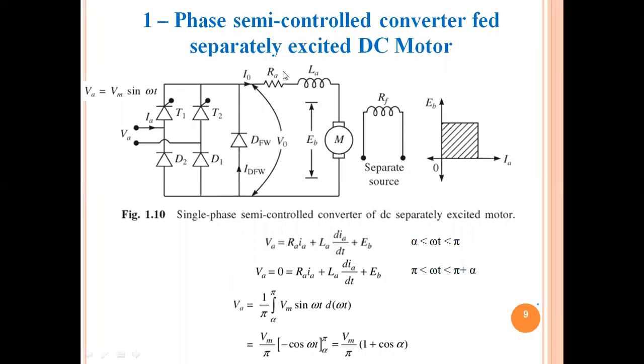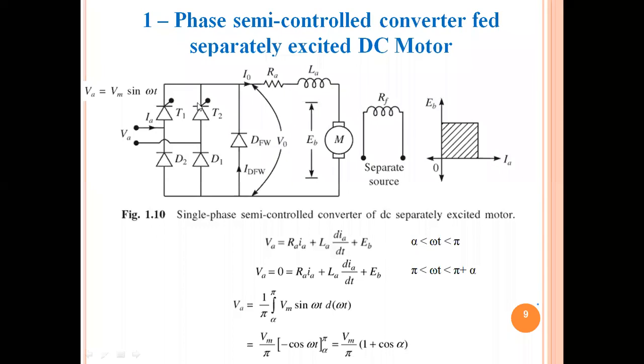But coming to half controlled or semi controlled, here you'll have two thyristors and two diodes. It's a bridge connection. Half wave is not a bridge circuit; half controlled or semi controlled is a bridge circuit. Here you will have two thyristors.